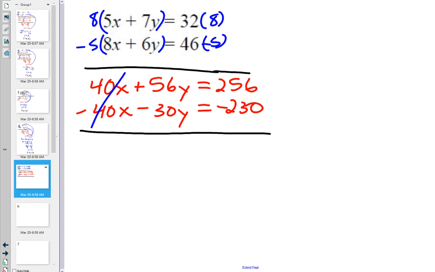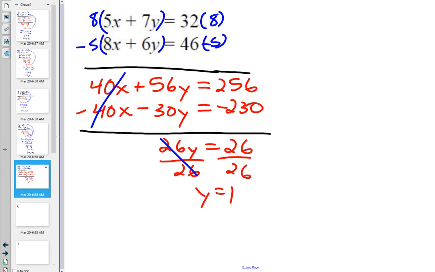Well, it's not 26 equals 26. What it is is 26y is equal to 26. It does matter because if it was only 26 equals 26, that would be infinite solutions. But this is just going to be y equals 1. And then now that I know that, I can go to whichever one I want.